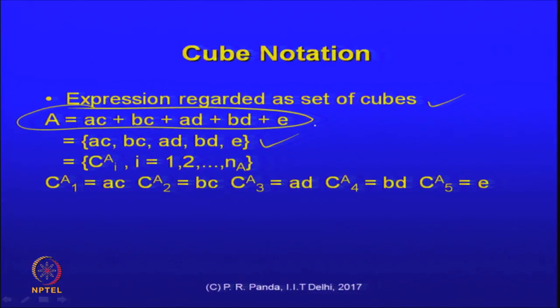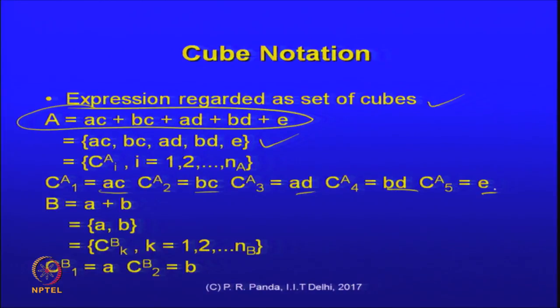CA1 means the set of cubes for expression A, the first cube is AC, the second one is BC, and so on. And if I have a different expression A plus B, then the set of cubes here is A and B, and CB1 would be A and CB2 would be B. This is just a notation which will help me later on when I actually perform the division.